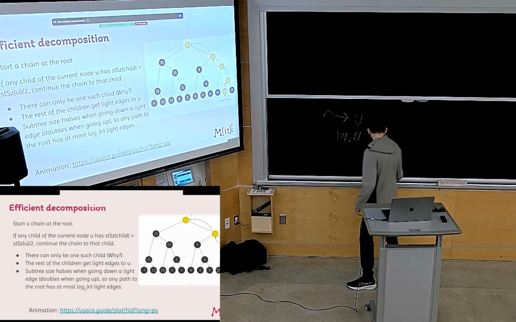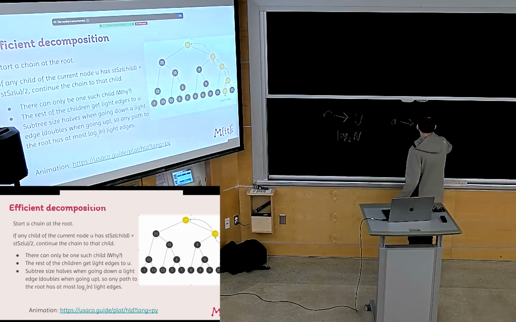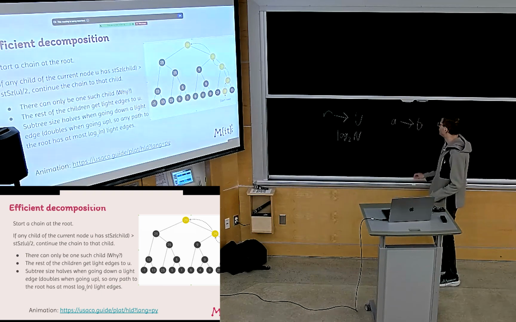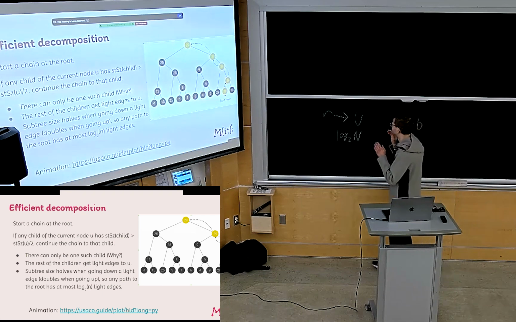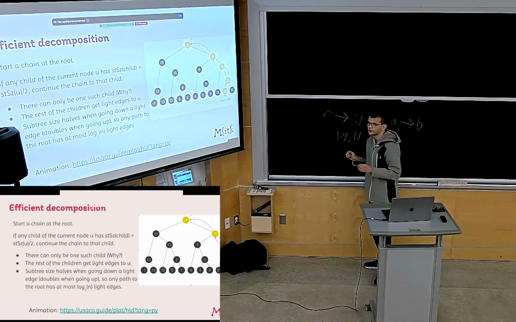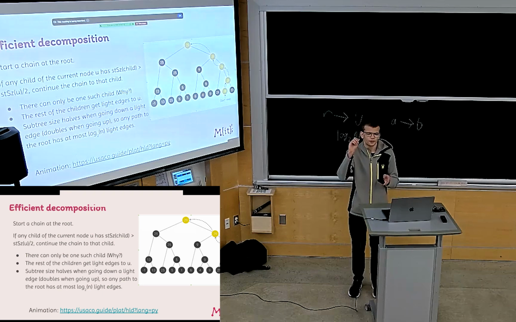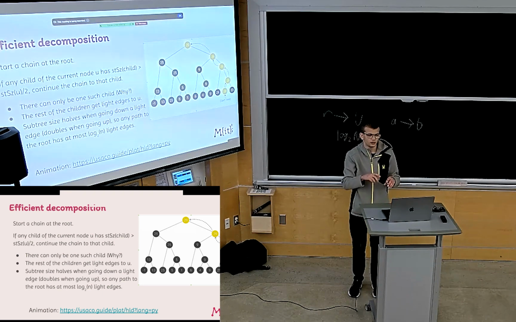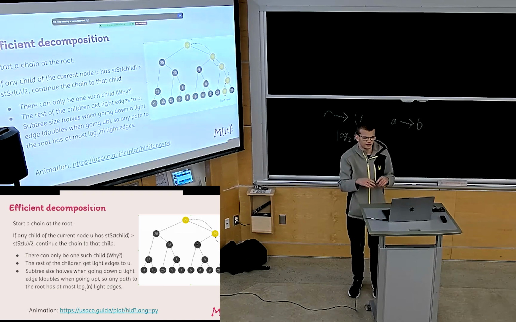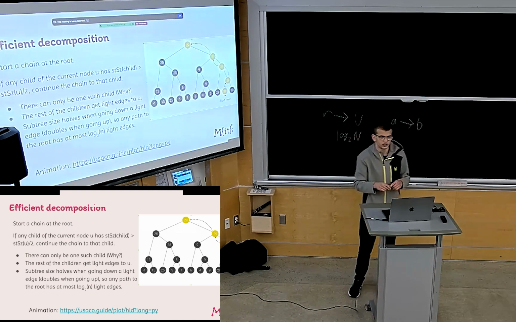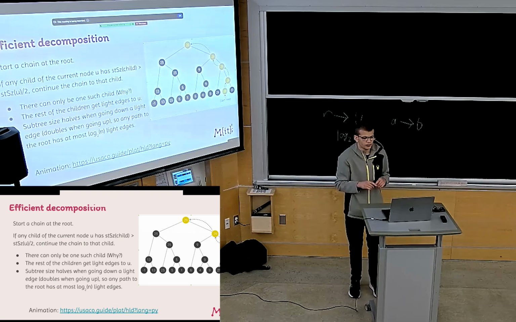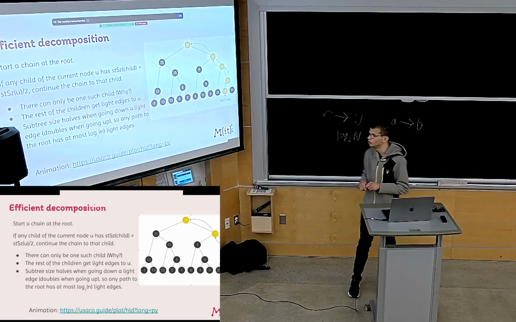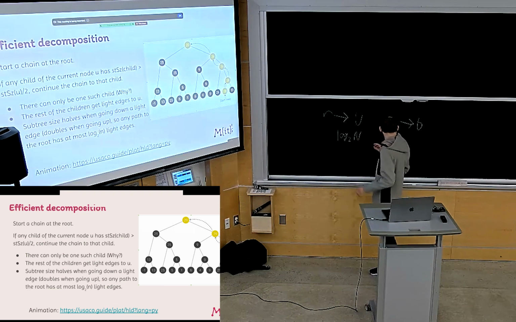If we have a path from A to B and we want to do a range maximum query on it, and we have done this heavy light decomposition, we have partitioned our tree into a bunch of chains, and on each chain we place a segment tree that allows us to do arbitrary range queries on that chain in log n time. How do we calculate how much time it will take to do a range query from A to B?